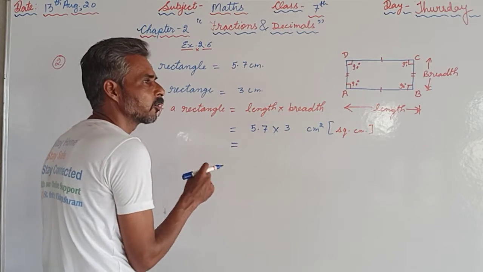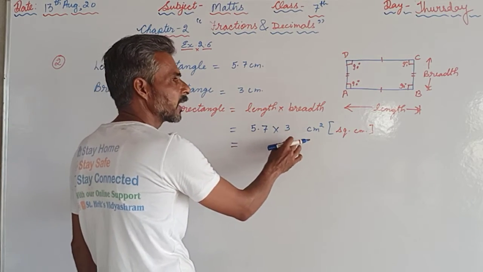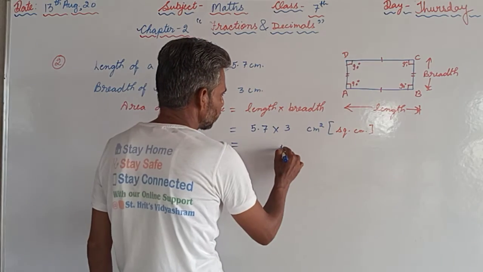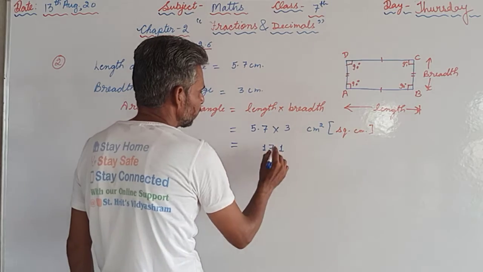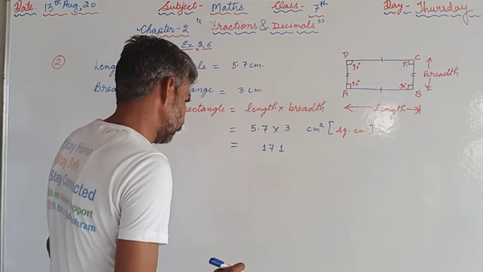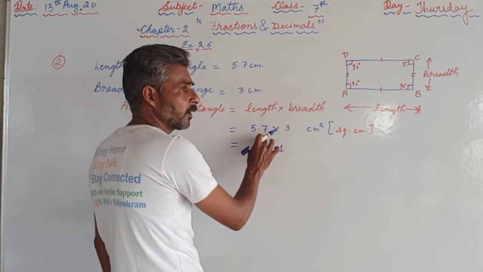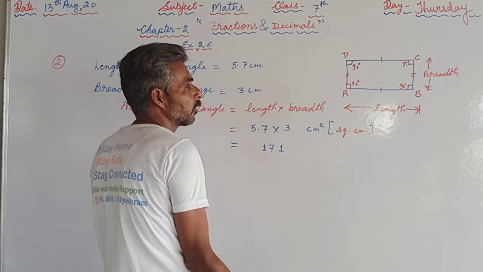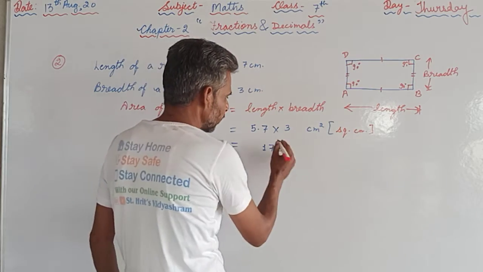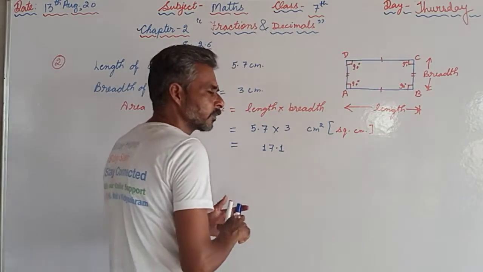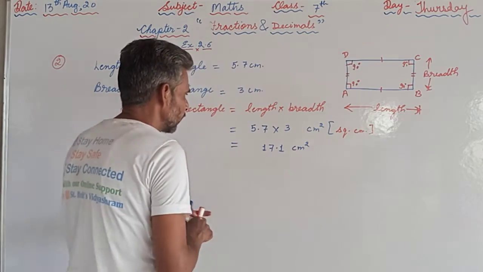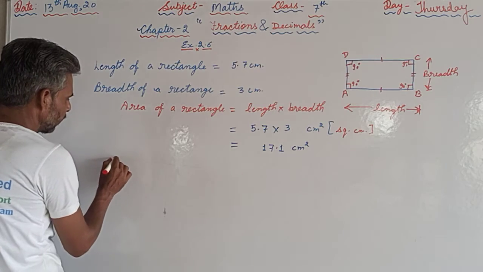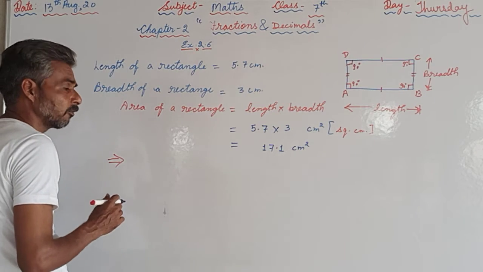So again it is reduced to question number 1, in which we have to multiply. First of all, we will not consider the decimal, we will directly multiply. 3 sevens are 21, 3 ones are 3, 3 fives are 15, plus 2 is 17. Now how many digits are there after the decimal? 1. So we will start counting from the right hand side, and after the first digit we will place the decimal, and we will write centimeter square. At last we will write the answer in language, as the question is a word problem.